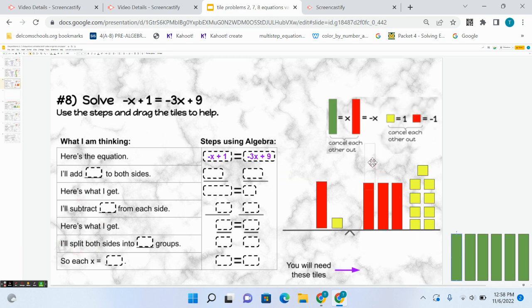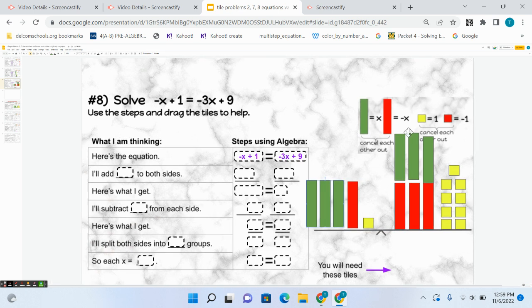We want to think about how to get rid of the 3 red rectangles instead. Because look what happens. If I want to get rid of 3 red rectangles by adding 3 green positive rectangles, we would be getting rid of those 3 reds, because remember, a positive and a negative rectangle cancel out. I would have to add 3 green rectangles, a positive 3x, to the other side as well.